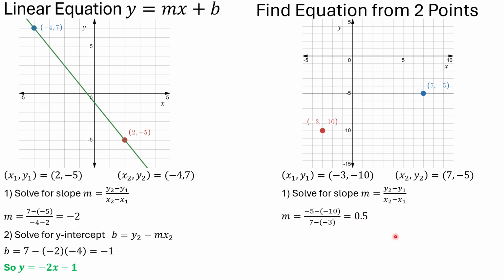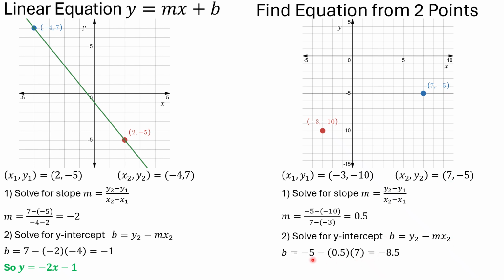Okay, now that I have my slope, I can rewrite the linear equation in this form to solve for my y-intercept b. So again, I can plug in point 1 or point 2, doesn't matter. I chose point 2 again. So y2 is -5 minus the slope, 1/2, times x2, which is 7.